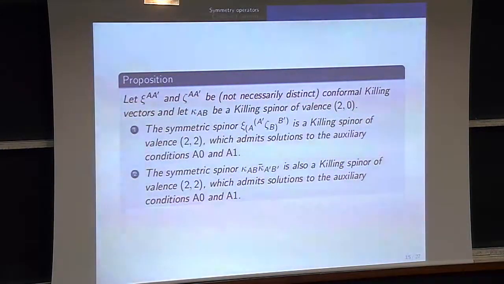The slightly more interesting case here is if we take a valence 2-0 killing spinor and just take the product of that and its complex conjugate, then we still get a valence 2-2 killing spinor, and we can find the corresponding P's and Q's, so we get solutions to both of these conditions.